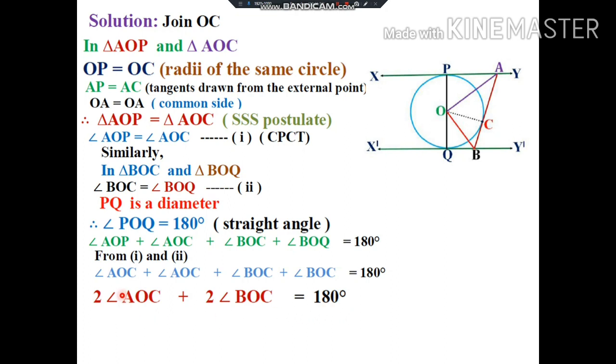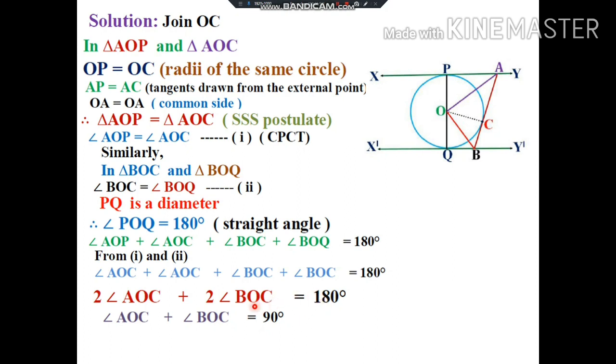Dear children, you can take common factor 2 and write AOC plus BOC is equal to 180, and then by 2 you can divide this 180, you will get 90. So AOC plus BOC is equal to 90 degree.